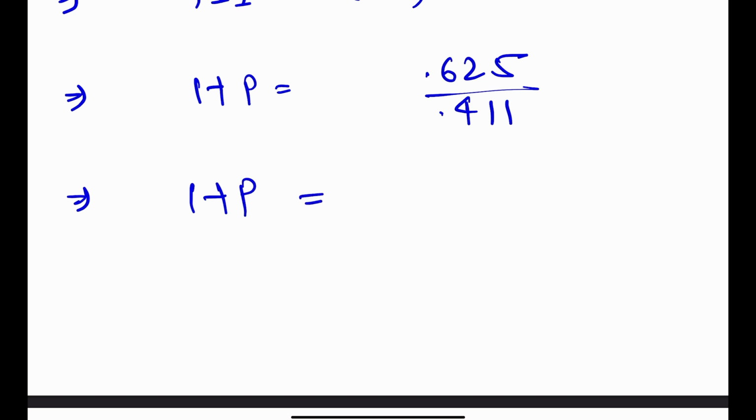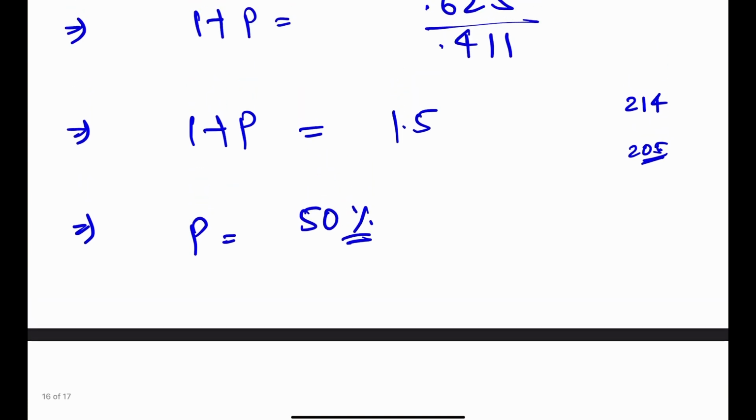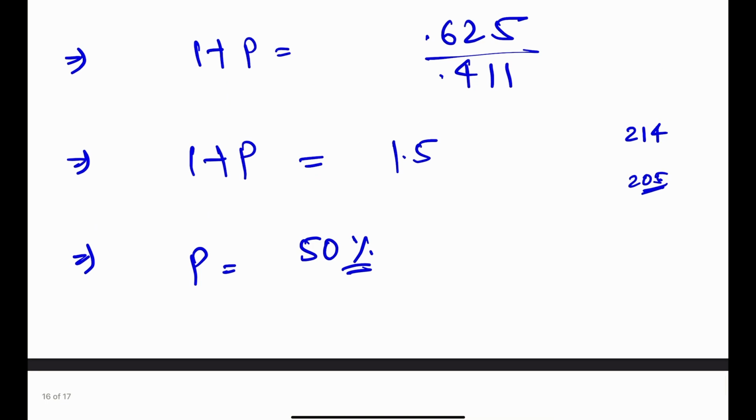So 411 will be gone, then how much will be left? 214 is left, so 411 half will be how much? 205 approximately, so I can say it is 1.5. So my p will be approximately 50%, but then I want to find the value at least one place after the unit place.